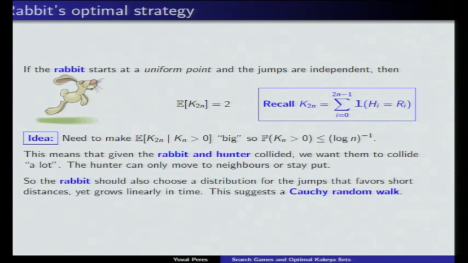Remember that one construction of a Cauchy random variable is to start Brownian motion at a unit distance away from a straight line and look at where you hit this straight line. The hitting distribution is exactly a Cauchy variable.